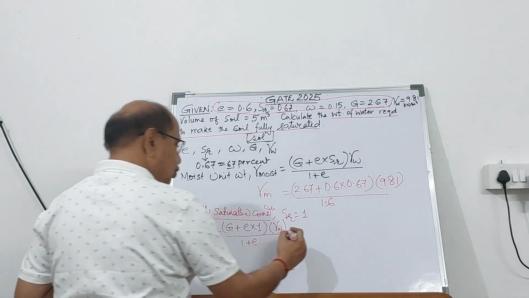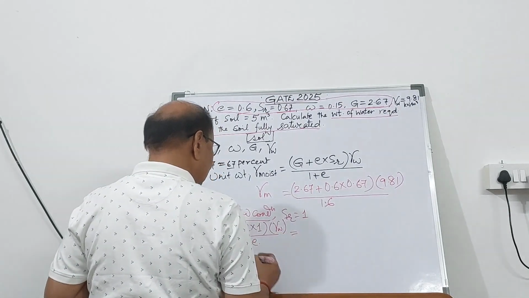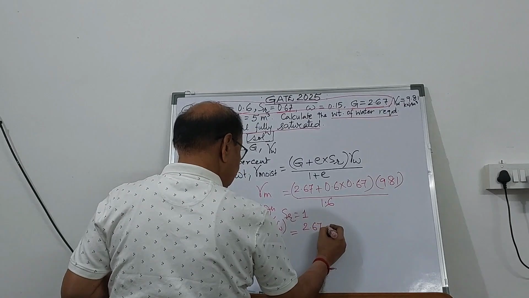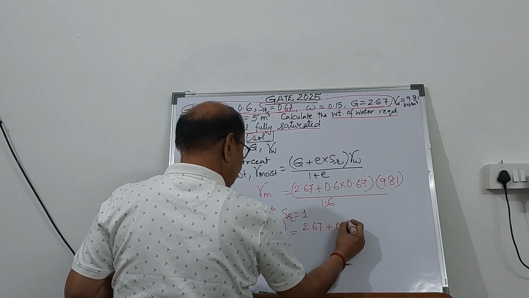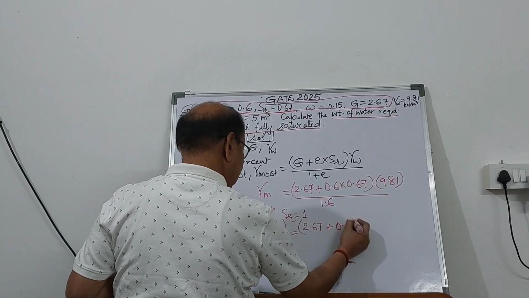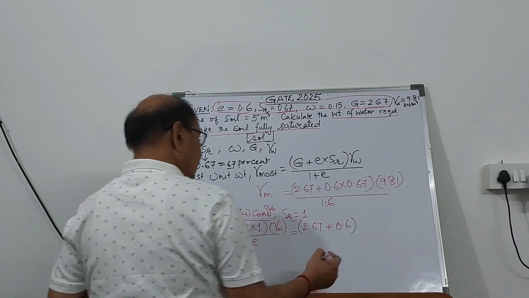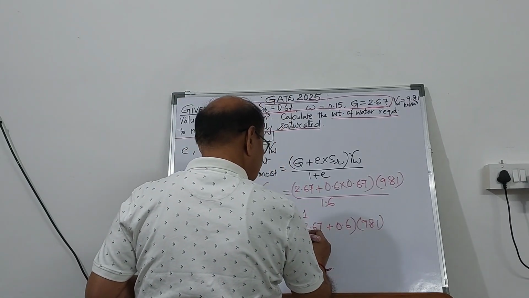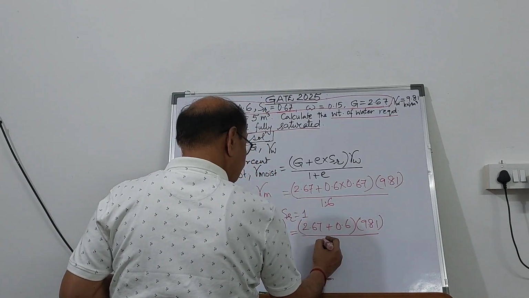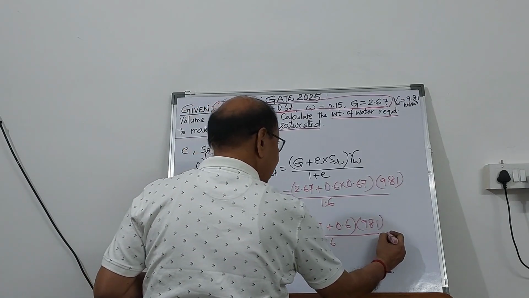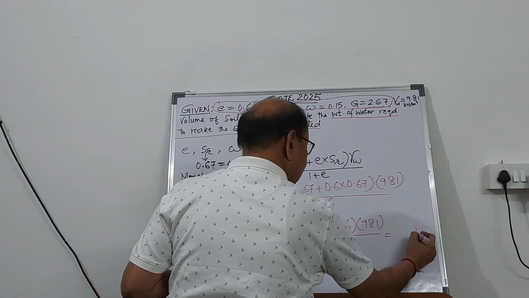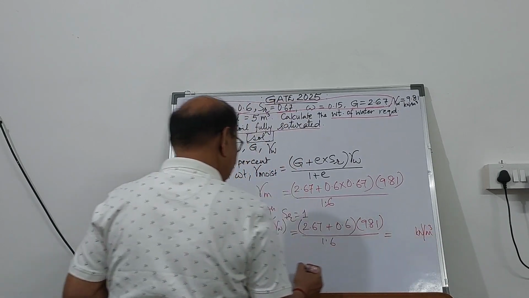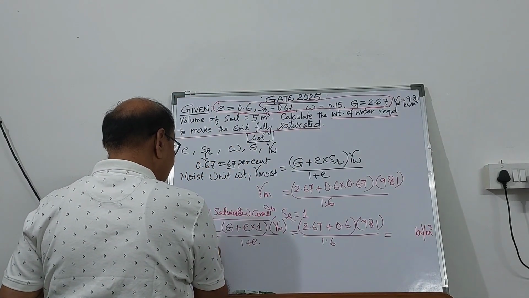So naturally, if you substitute the values, G is 2.67 plus 0.6, e value, into 9.81 divided by 1.6. So this will give you in kilonewton per cubic meter the value of gamma saturated.